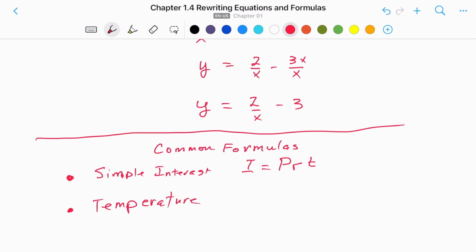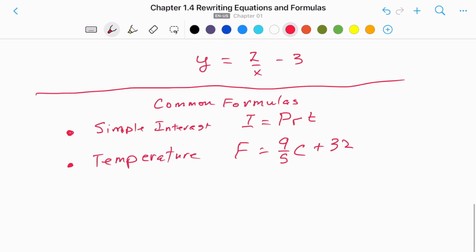So the formula for that is F equals 9/5 times Celsius plus 32. That's how you find it. Now, supposing you had to go the other direction.